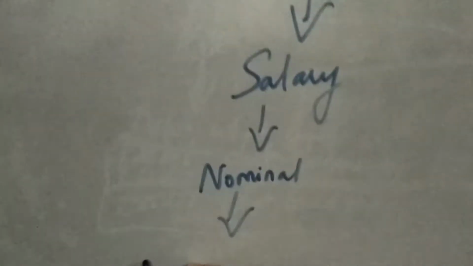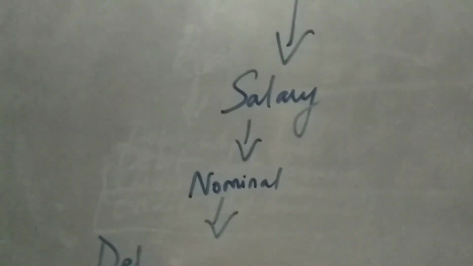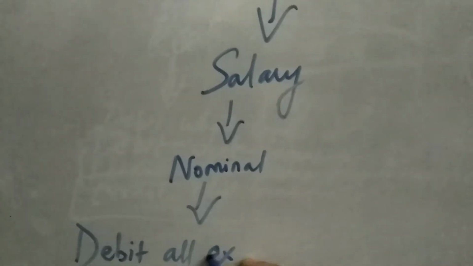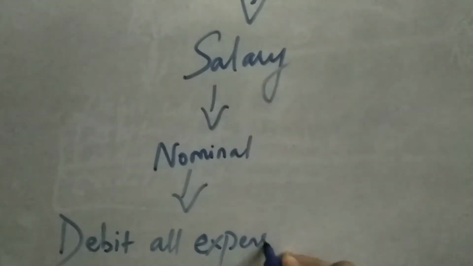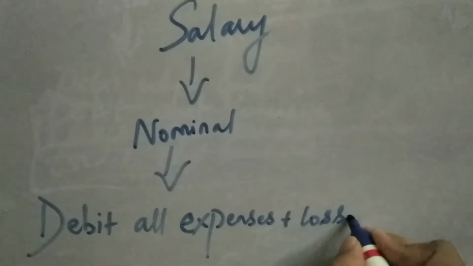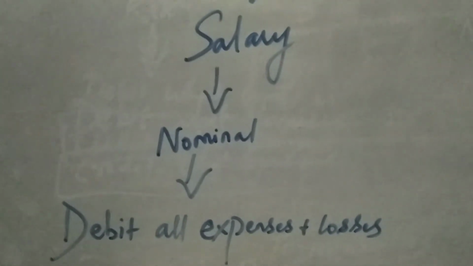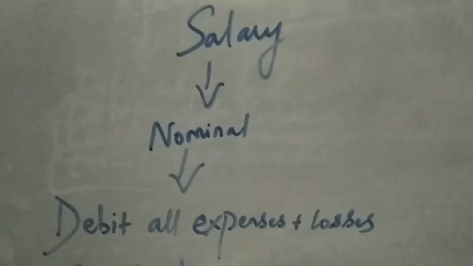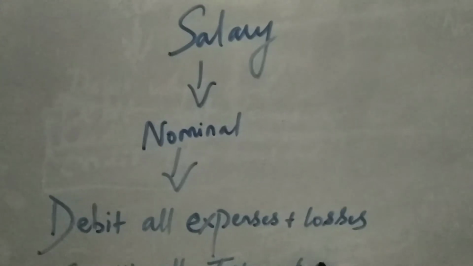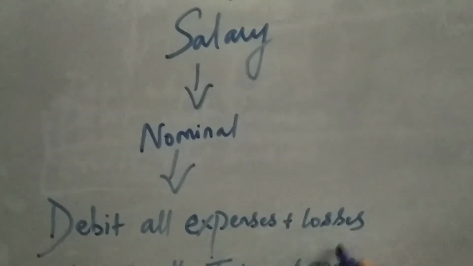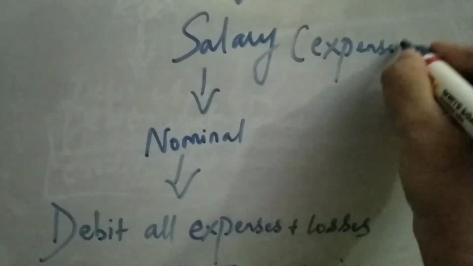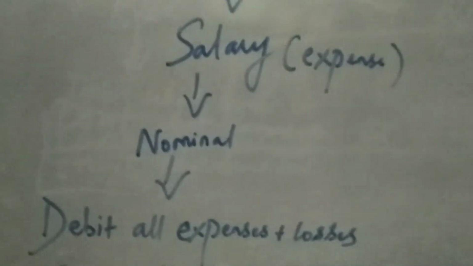Under nominal, debit all expenses and losses, credit all incomes and gains. Salary is an expense from the business point of view.